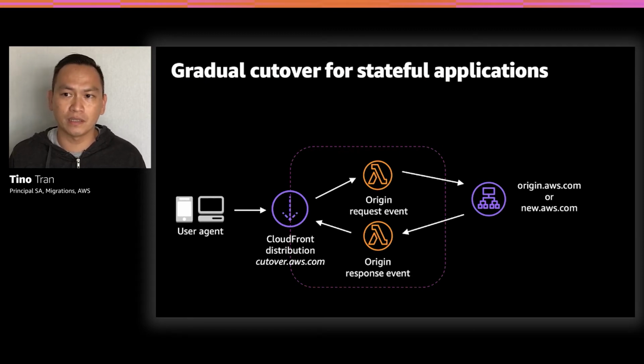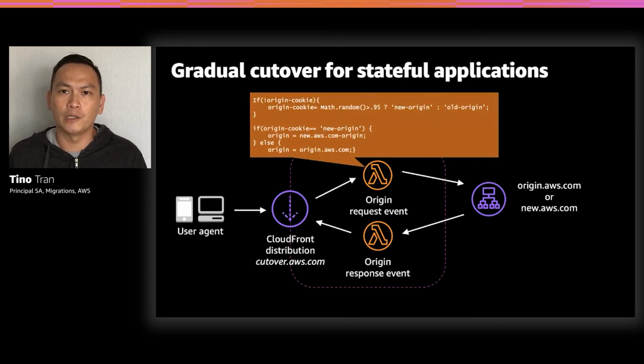So with this example, you could configure a CloudFront distribution with a couple of Lambda@Edge functions. The way you would do that is you would use an origin request event. This origin request event would check to see if a cookie exists. If it doesn't, it does a little coin flip based off of whatever random implementation you implement, and then it determines which origin to route the request to based on that.